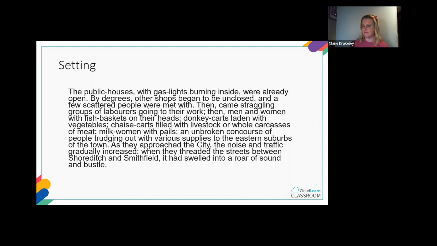As they approached the city, the noise and the traffic gradually increased. When they treaded the streets between Shoreditch and Smithfield, it had swelled into a war of sound and bustle.